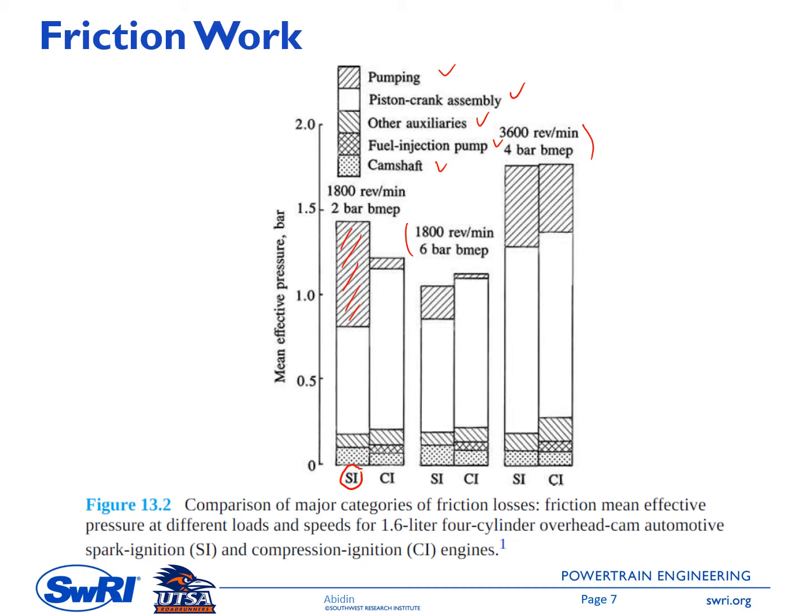And then we also have the friction inside the camshaft, as well as this one, which is other auxiliaries. And you can also see here that as we increase the engine power, from 2 bar to 6 bar, the percentage of this friction decreases.